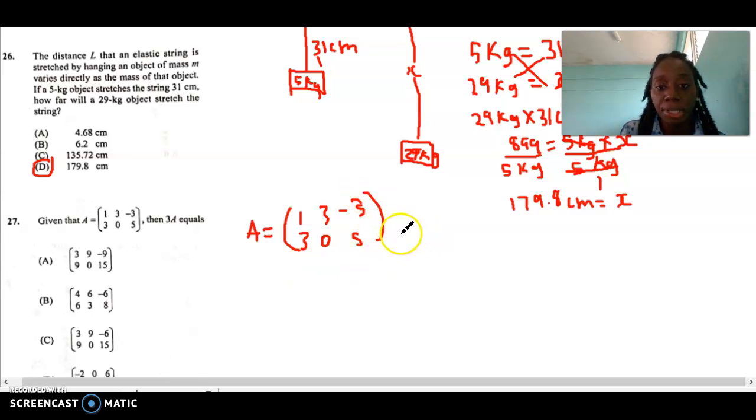Thus 3A would be 3 times each element. So 3A is simply 3 times 1, 3, 3, 0, -3, and 5.